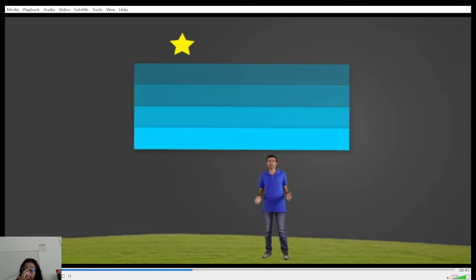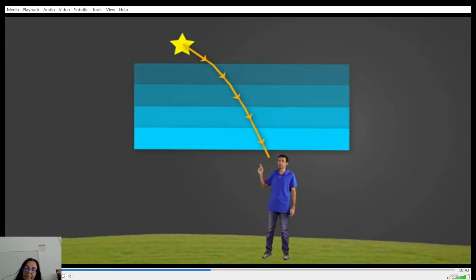When light enters the atmosphere, it undergoes refraction because light is going from vacuum to the atmosphere. As we discussed, the atmosphere is made up of many layers having different densities. The bending of light also takes place at the boundaries of these layers. So the light from the star that reaches our eyes has gone through many refractions.